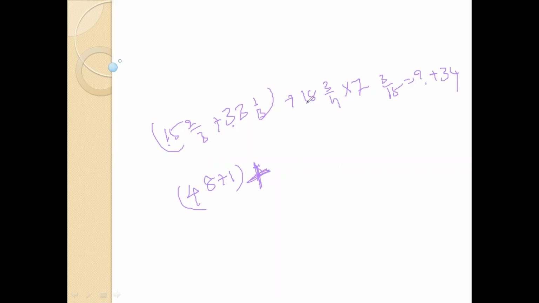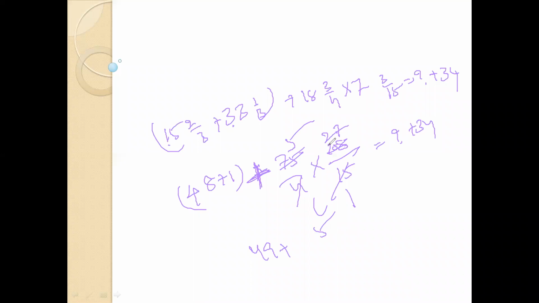18 3 by 4: 18 4s are 72, so 75 by 4. 15 7s are 105, so 108 by 5. Multiplying these gives 49 and 13, and the total 184 equals question mark plus 34.